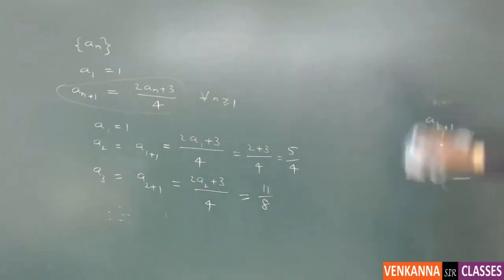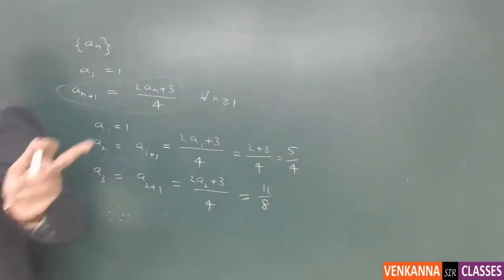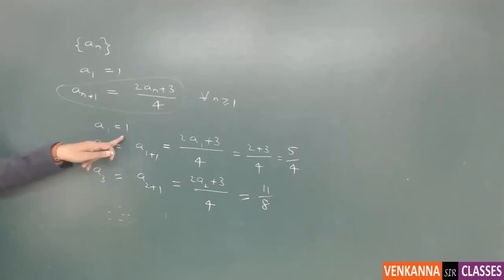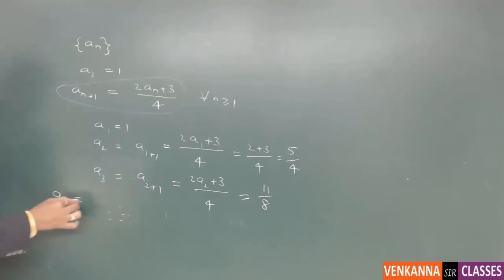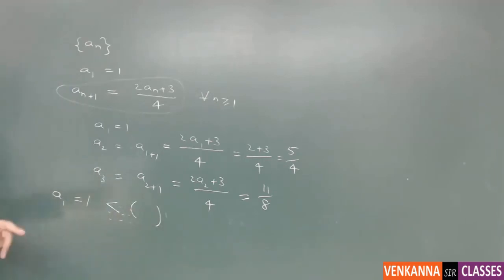Now I have to prove that the sequence is bounded. Since it is increasing, the least value is nothing but 1. Everyone knows that. I need to show what would be the upper bound of it. So I will say a1 is equal to 1. This is less than something. As and when you specify something here, this must be the upper bound for each and every term of the sequence, because you are using the induction technique here. We should be very careful.